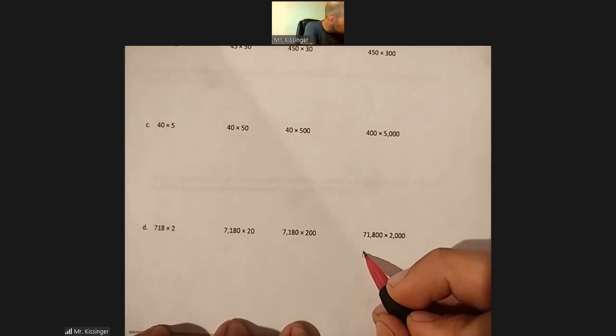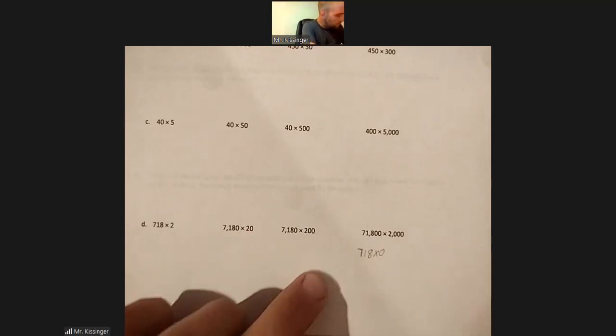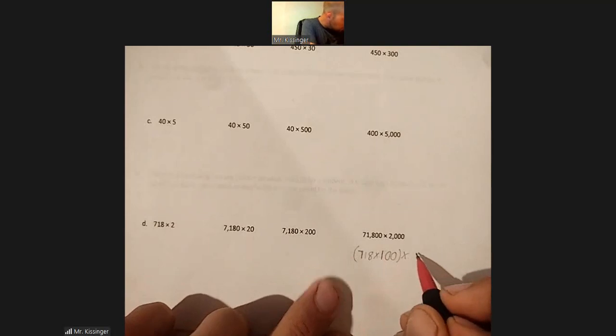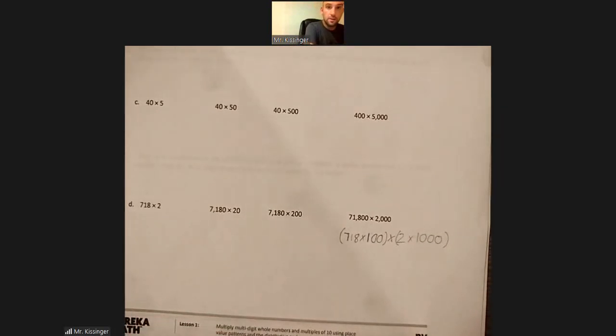So we'll do 718 hundreds times 2 thousands. So let's make things a little bit easier for us so we're not multiplying really big numbers together.